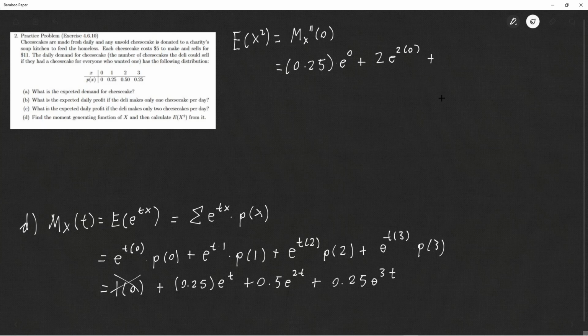So now we need to find 0.25 multiplied by e to the 3t, and the derivative of this will be 0.25 multiplied by 3, which will be 0.75, and now multiplying it by 3 again will get us 2.25 e to the 3t at 0, which will become 0.25, e to the 0 is just 1, plus 2, and then again e to the 0 is 1, plus 2.25, and e to the 0 just becomes 1, which will give us our second moment as equal to 4.5.